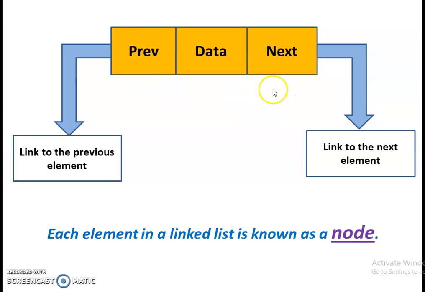So why are these links required? Because in a linked list, elements or nodes are not stored in sequence. They are connected through these links. That's why internally in a linked list these links are used to connect each node, right?